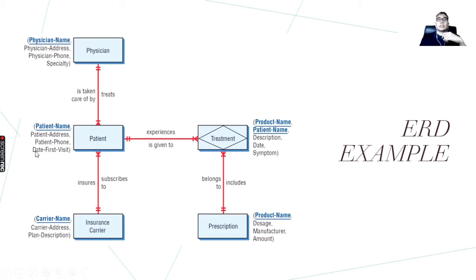Now, if we look at the attributes, we can see the underlying attribute is basically what we call the primary key. A primary key is a unique key that identifies the other attributes inside an entity. So for example, we have student ID as a primary key for a student entity.